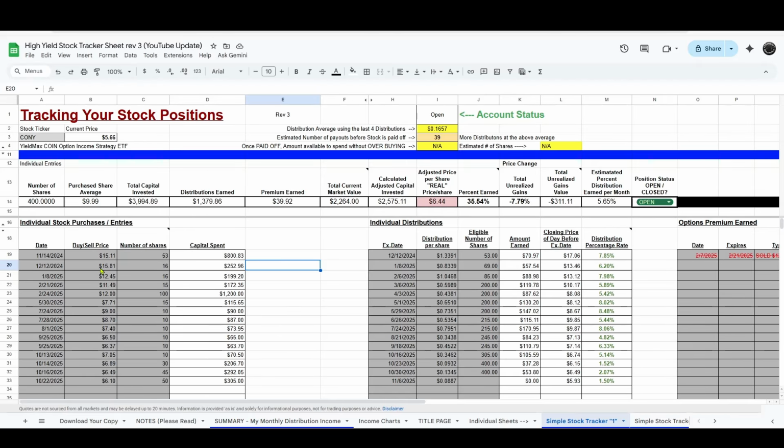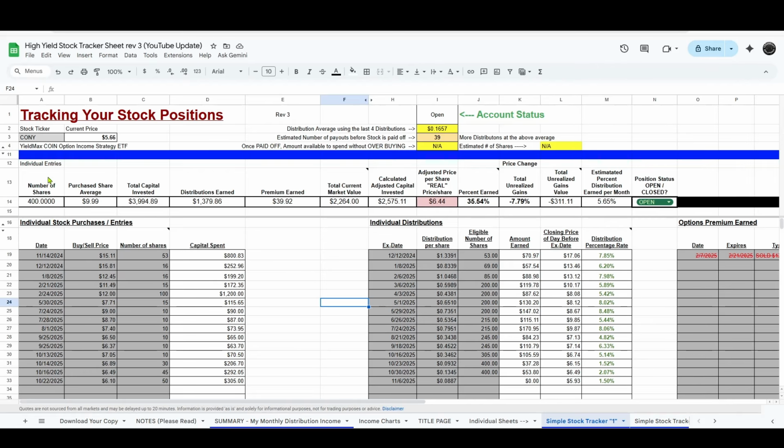Because then all you have to do is highlight the gray cells right here. You do your copy and you paste it right into the new sheet, enter in the ticker symbol, and that's all there is. Everything else will update and carry over. So that just makes things a whole lot simpler if you decide to get the Rev 3 version.